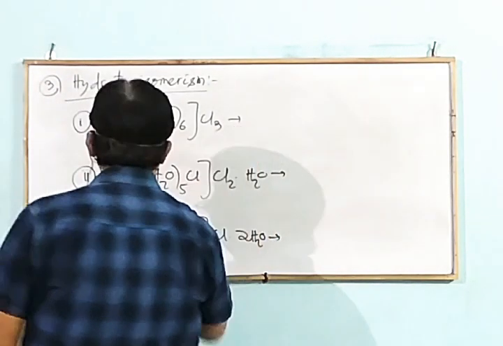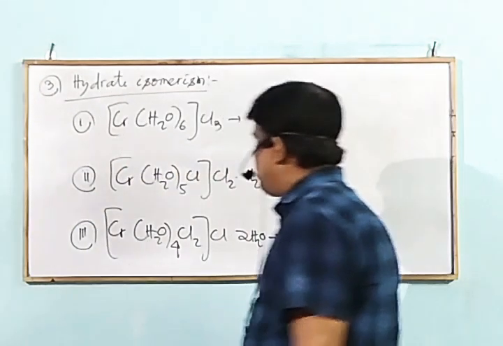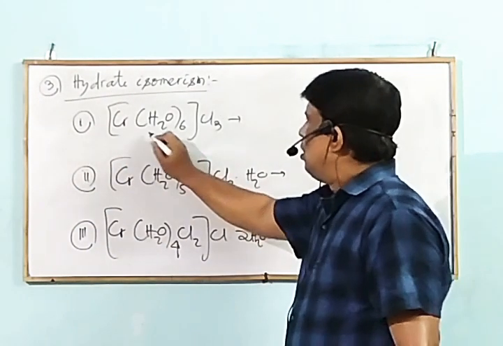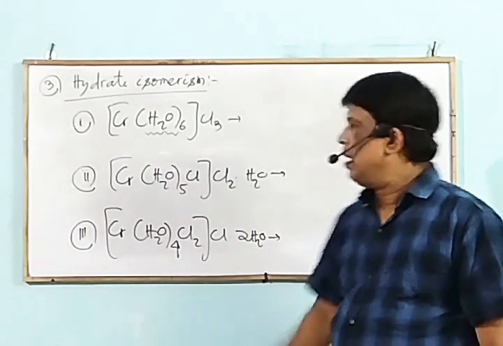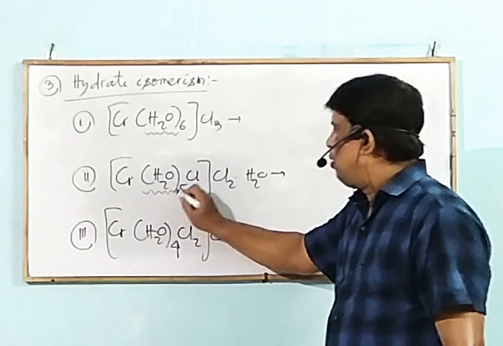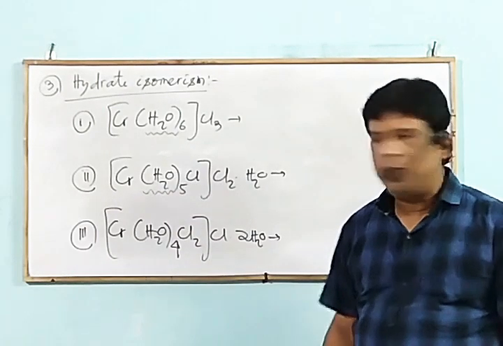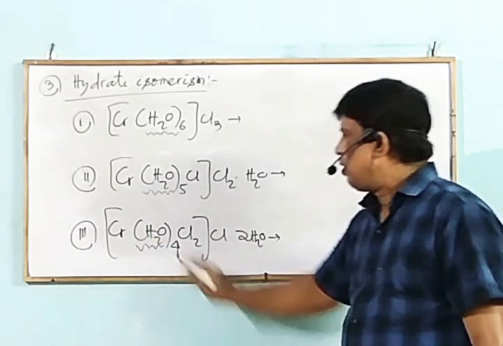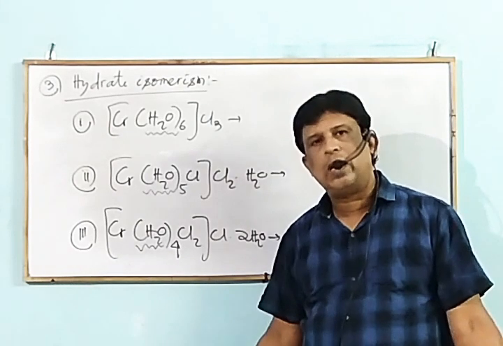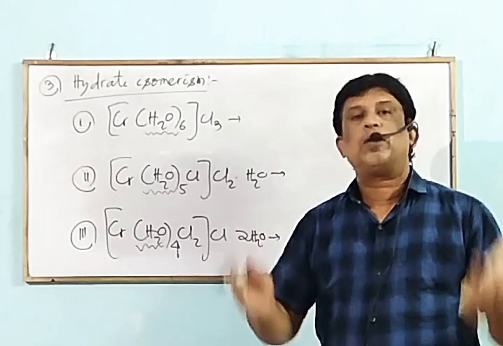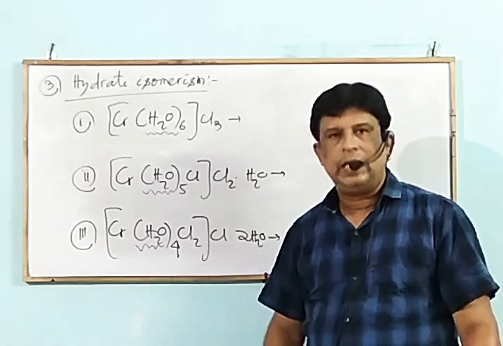Mark that, same formula represents three structures. Here the number of water molecules acting as ligand is 6. Here the number of water molecules acting as ligand is 5. Here the number of water molecules behaving as ligand is 4. So same formula but differing number of water molecules acting as ligand.